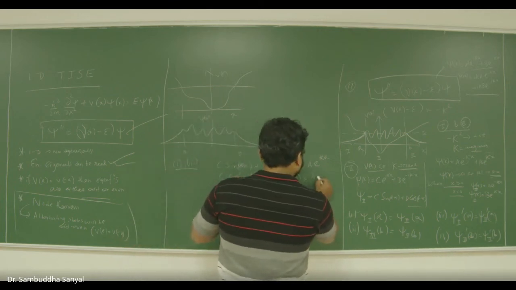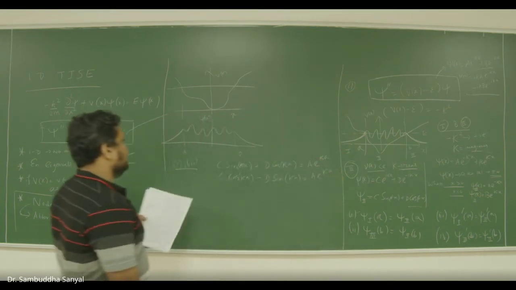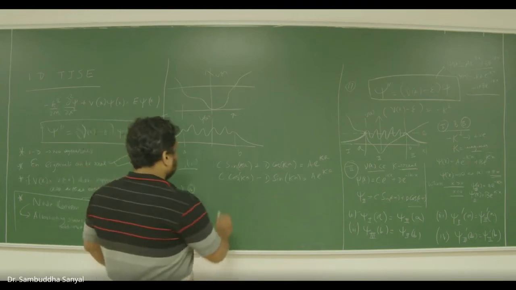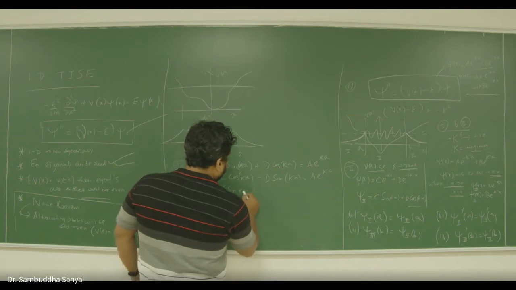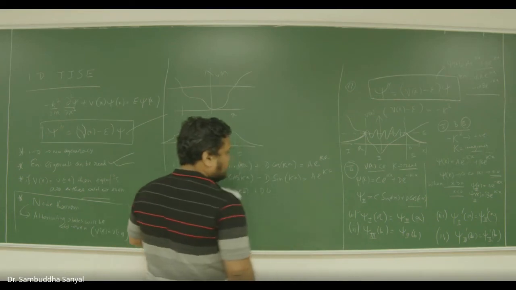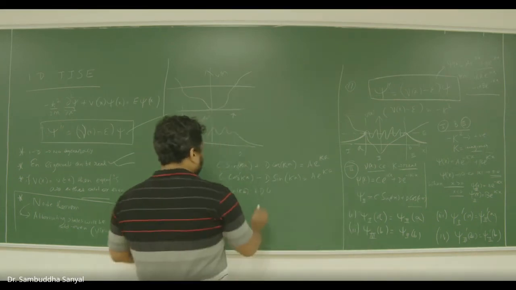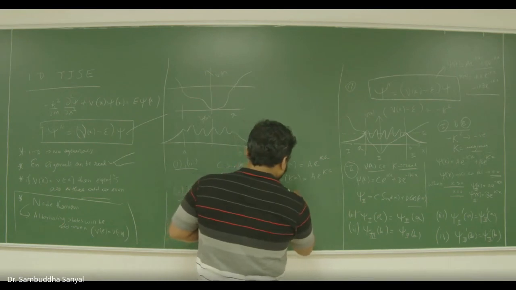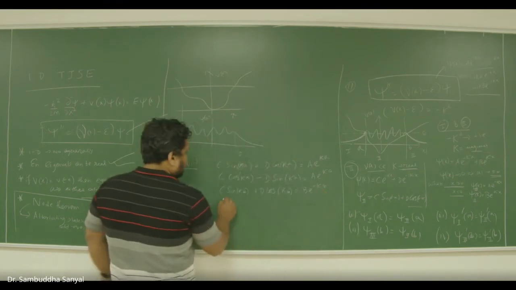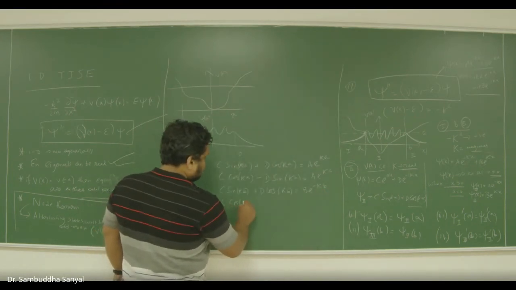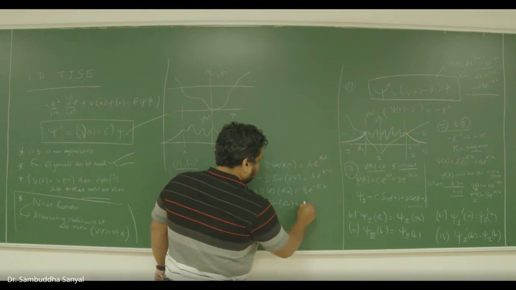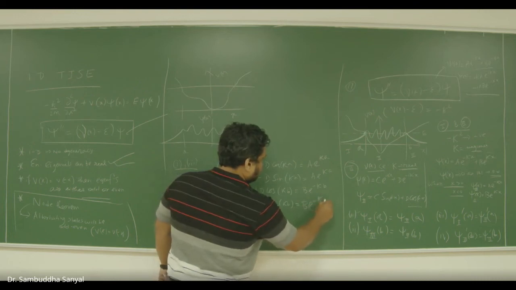This will be A to the power kappa A. So this will give you these two conditions, and 2 and 4 will give you C sine kappa B. No, it's B. So 1 and 3 is for A, 2 and 4 is for B. So D cos kappa B, and B to the power minus kappa B, and this will give you C cos kappa B minus D sine kappa B is equal to V to the power minus kappa B.